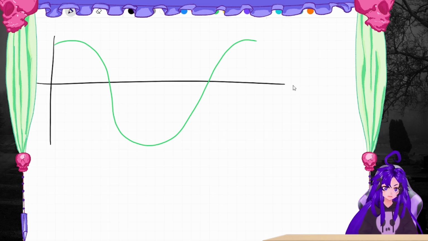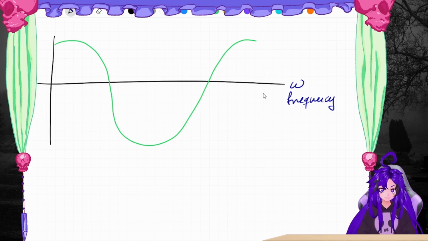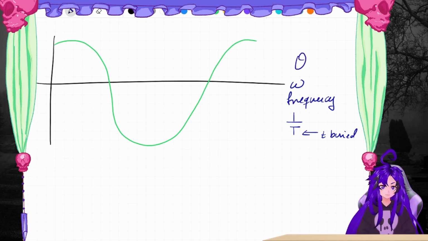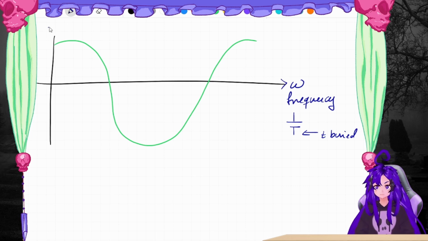So we look at frequency. This is frequency, right, 1 over t. And we know that time is buried in here somewhere. So we're basically letting the angles and time be on the same axis.